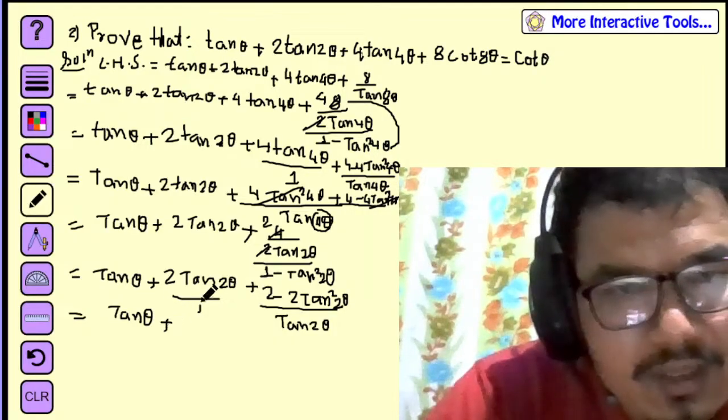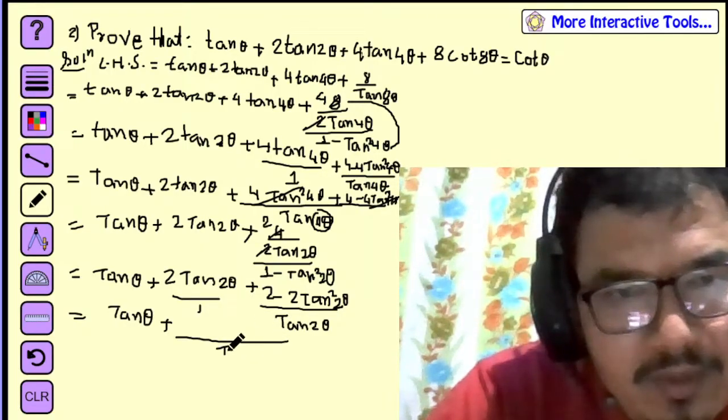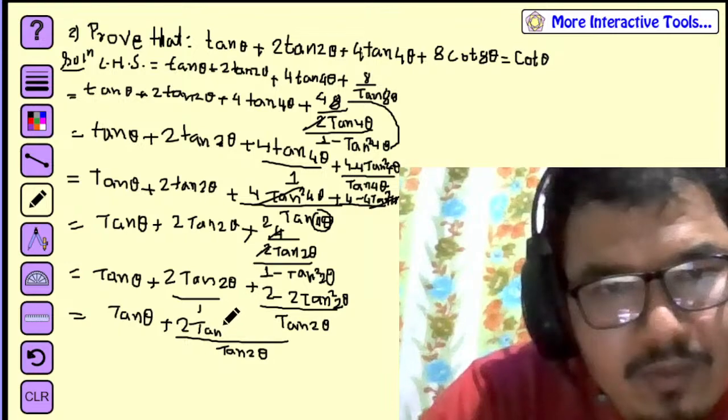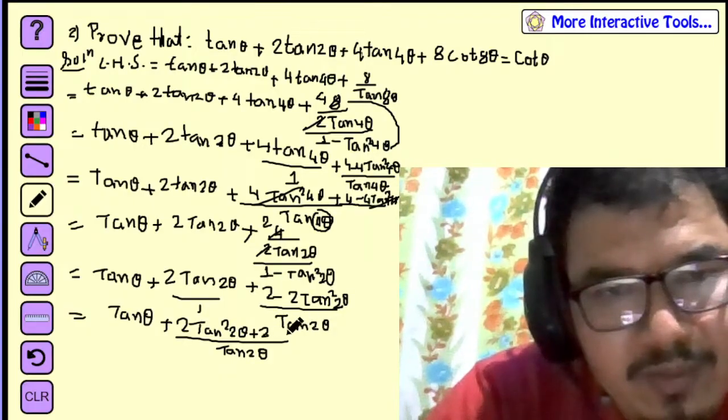And let's repeat the previous one. If you take the LCM here, the LCM will be tan 2 theta only. Now this tan 2 theta multiplied with this will be 2 tan square 2 theta, and plus the numerator will be the same because the denominator is the LCM.